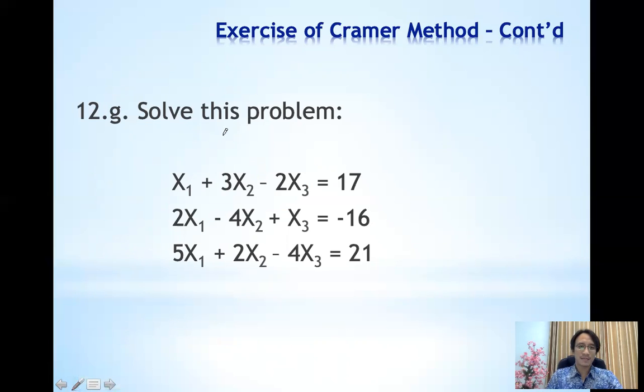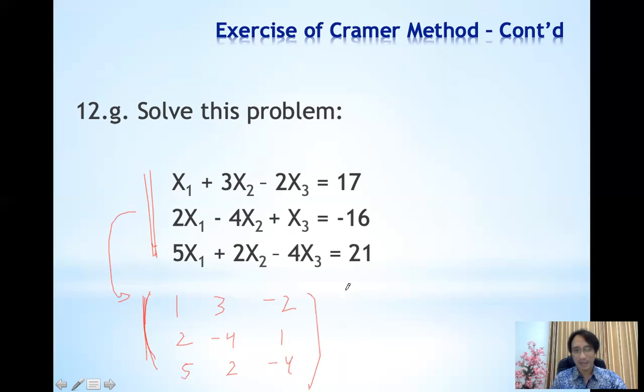So in this case, if I write this in matrix form, the matrix will be like this: 1, 3, minus 2, 2, minus 4, 1, 5, 2, minus 4, times x1, x2, x3 equals 17, minus 16, and 21.